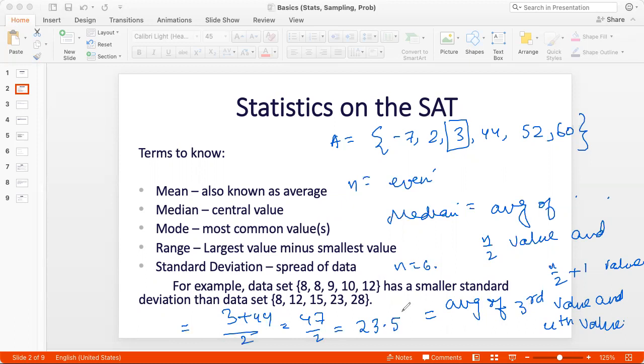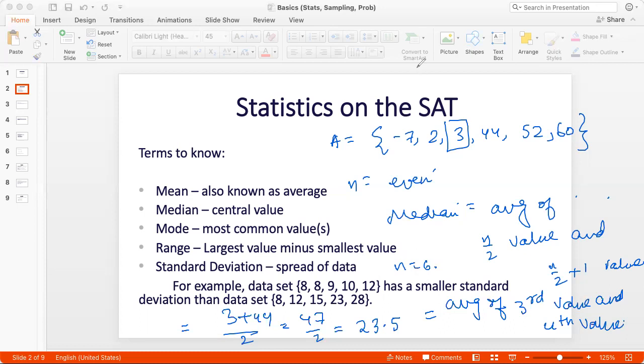So then the median is 23.5. You notice, interestingly, when the number of terms is even, the median does not have to belong to the data set, right? Because here 23.5 is the median, and that is not a part of the original data set of 6 terms.